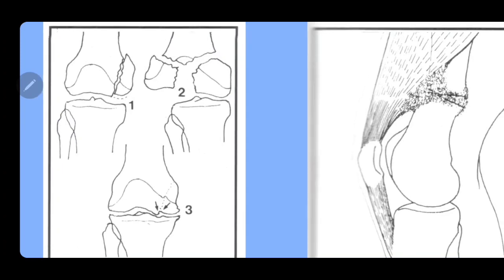So the fractures that are involving the joint surface are classified according to the AO classification as B group and C group. For C group, the articular surface is totally involved and crushed, and for partial involvement of the articular surface, this is a B type of these fractures.